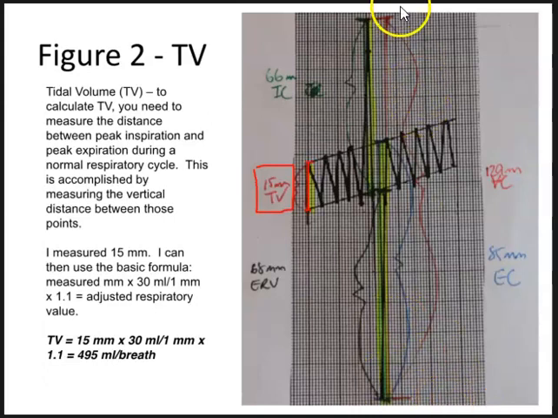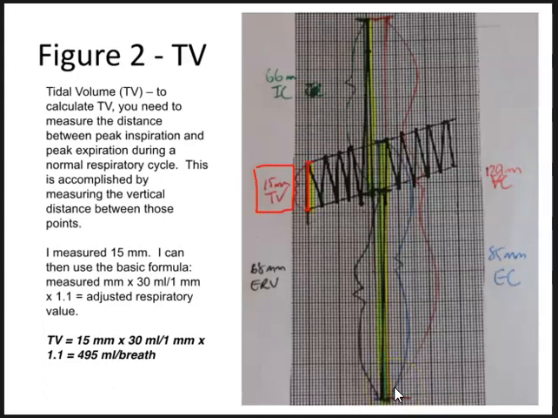This figure is also in your book, the one on the right. We can see that this capacity is quite large, so we need to measure from the lowest peak to the highest peak. This would be the vital capacity. If you look at your paper, we can count the large boxes.